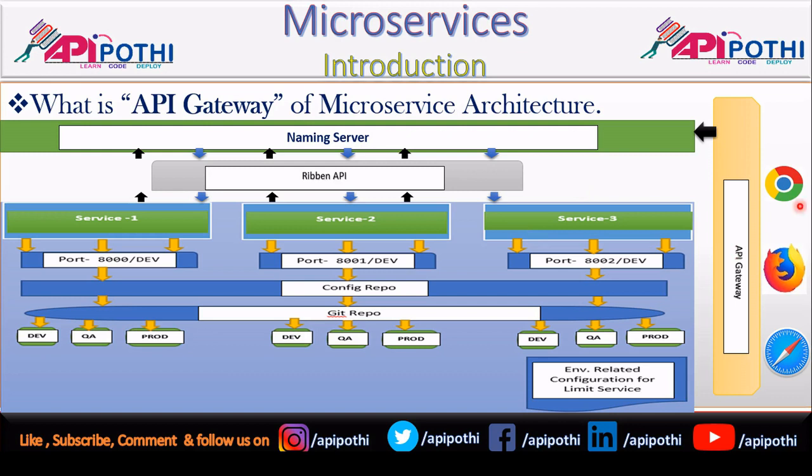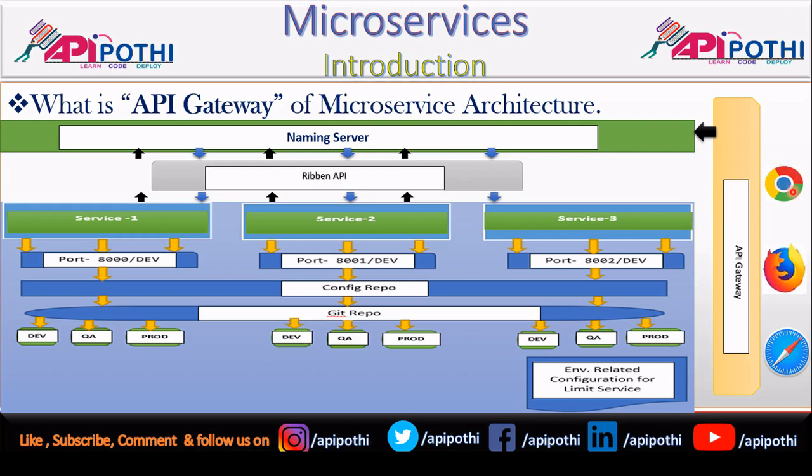Suppose you have different browsers, meaning your clients. This one has some request and expects some response from the microservice. Mozilla also has some request and expects some response from your microservice architecture, as does Safari. So these all three are the clients. The API gateway, gateway being the English word, means everything has to come in through this way and go out through this way only.